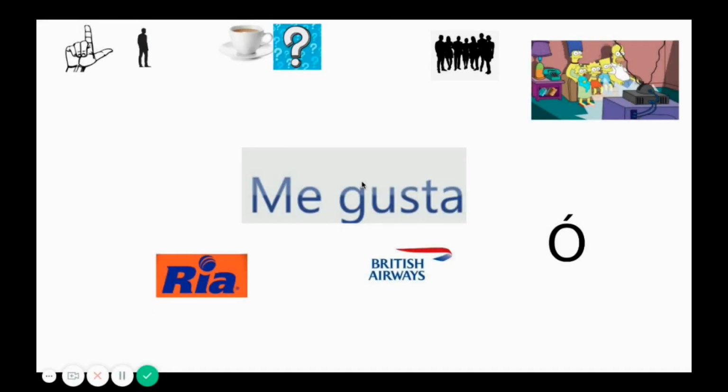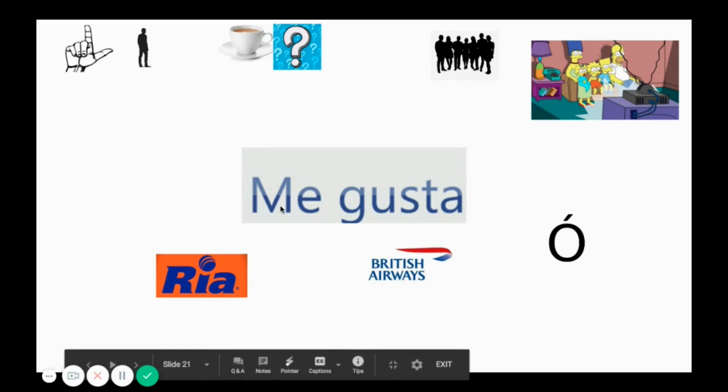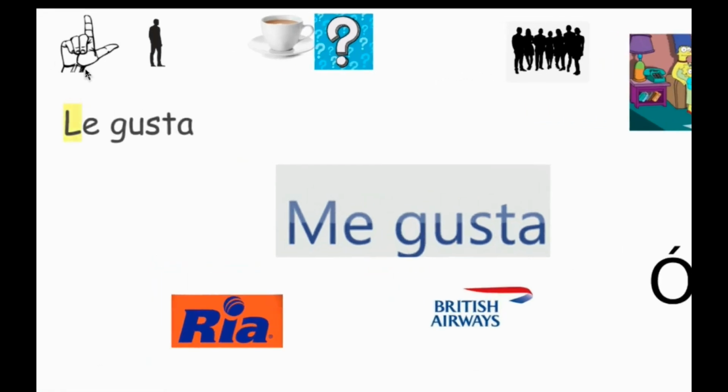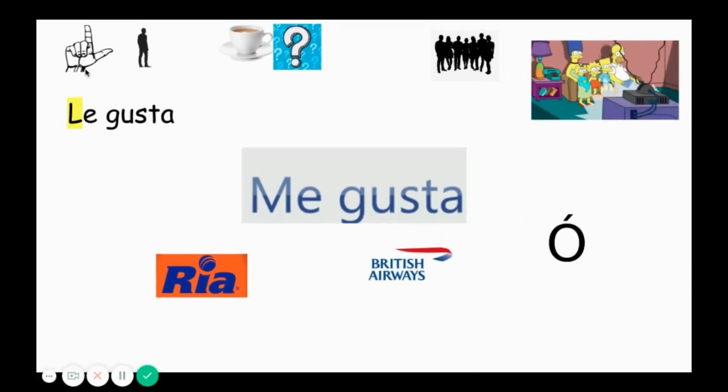Okay, so just to finish with this plenary, we are going to go through all the patterns we learned today. The patterns apply to opinions that start with me and end in A, like me gusta. The first one is about expressing the opinion of someone else. It could be a boy or a girl, and we learned that L of loser, okay? Le gusta, we change the M to L to express the opinion of someone else.